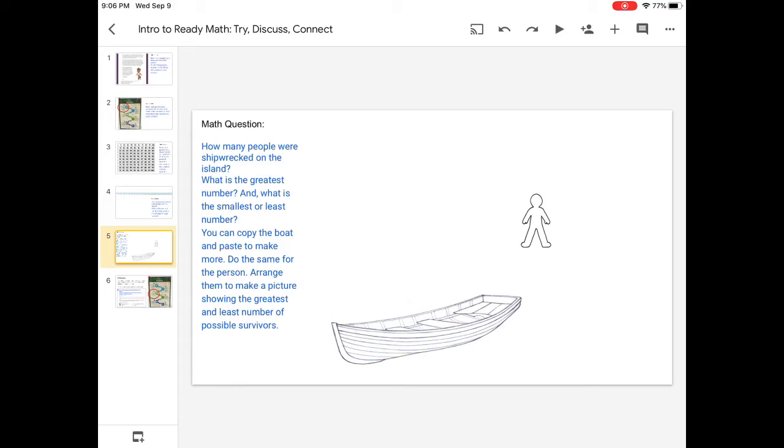I don't think you'll be able to do that, but you could use this idea of a boat and person, and you could just draw multiple boats and stick people in them. Literally stick people, right? And then count up how many people there are. So that's a good strategy for figuring this out.